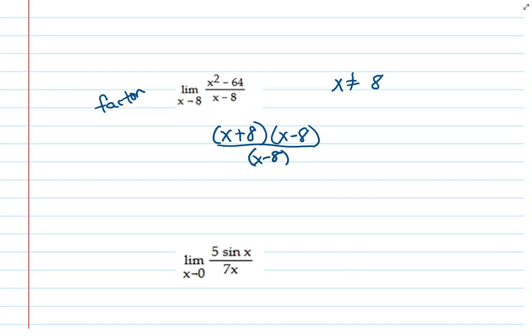Once we do that, we can see we have a removable point. So now we can take the limit as x approaches 8 of x plus 8. And we get 16.